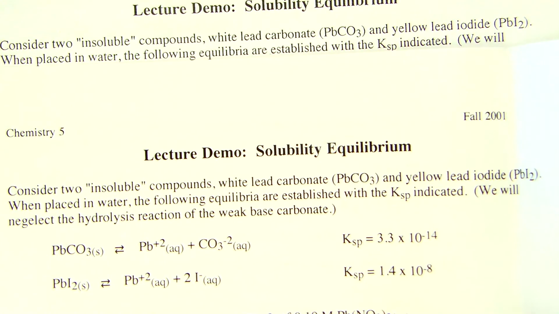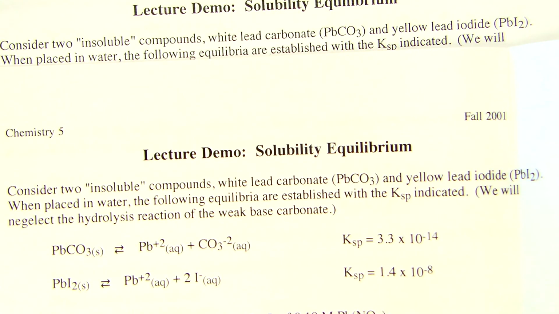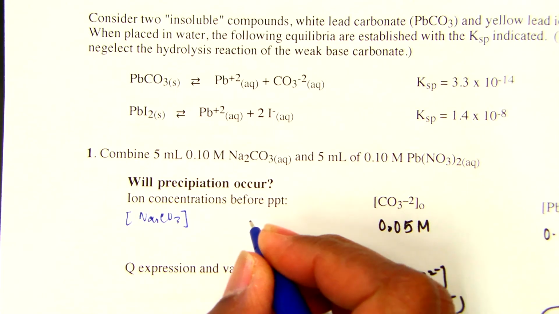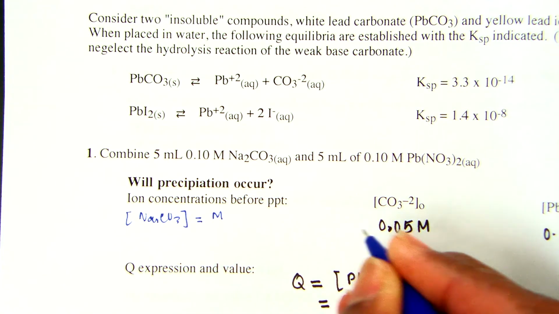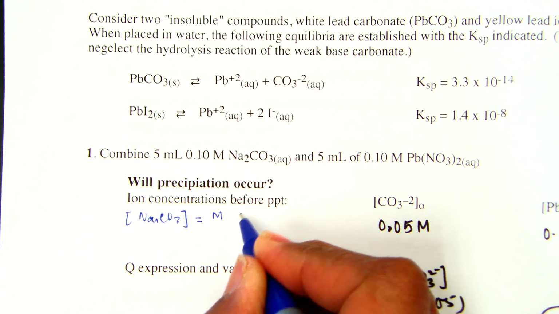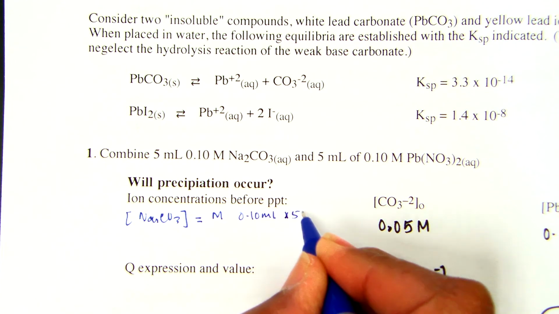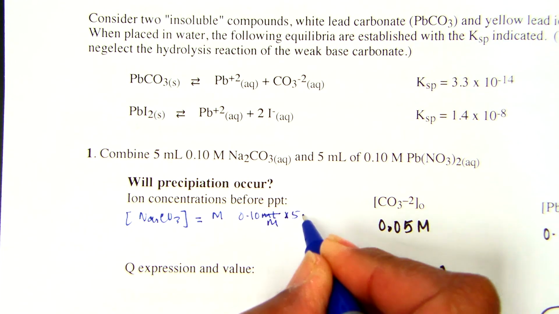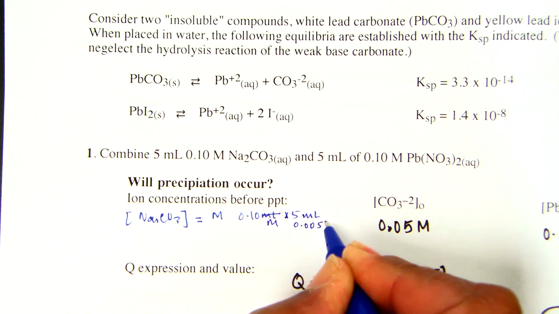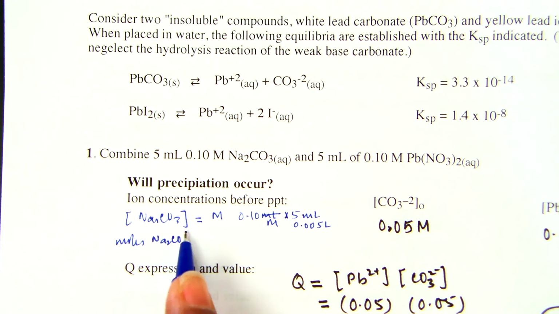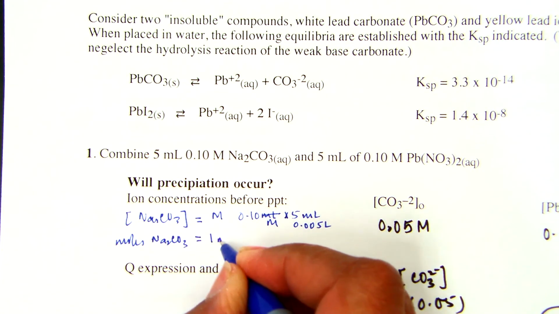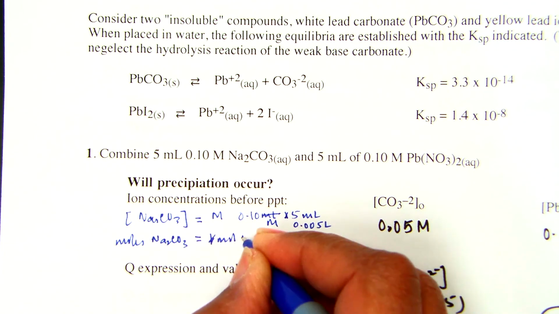So molarity of sodium carbonate is 0.10, and we used 0.10 molarity, and we use 5 mL, or 0.005 liters of it. So moles of sodium carbonate, and because in one sodium carbonate there's one carbonate, you have 1 mole is the same as mole of carbonate, which is molarity 0.10 times 0.005.